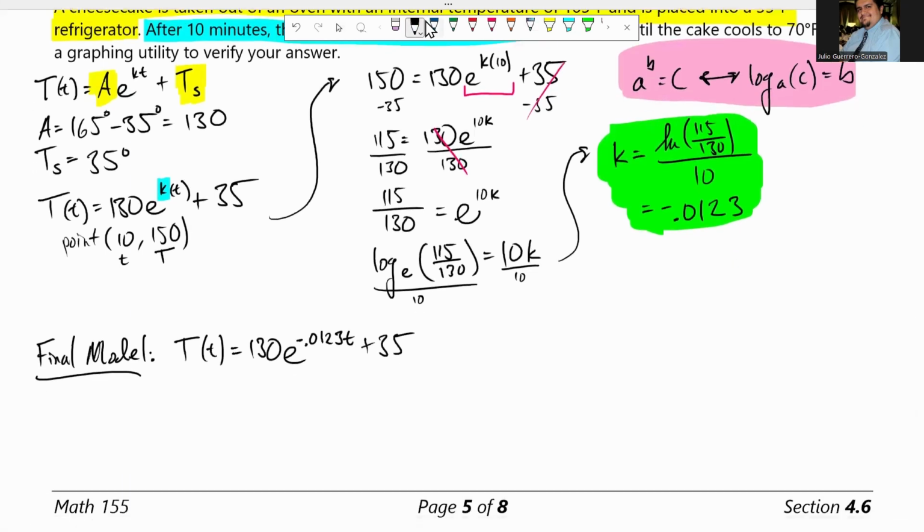It's exactly how you think. We want that big T, we need this thing to be equal to 70 degrees.